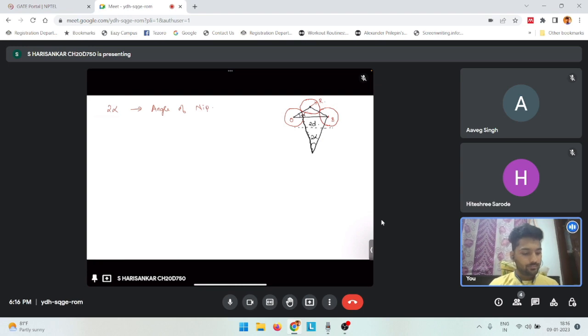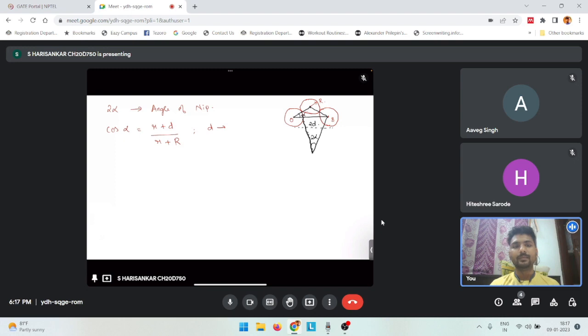To find this angle of nip, you can have a relation like this: cos alpha is equal to (R plus D) by (R plus r), where 2D is the distance between the two rollers.